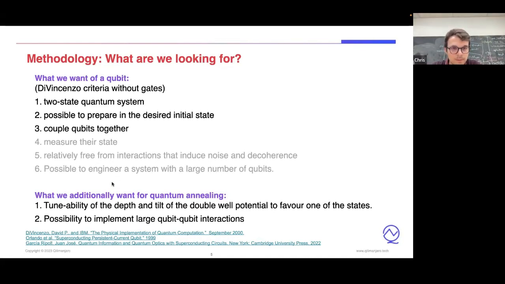What we additionally need for annealing is that, when you think of this two-state system as a double well potential, you want to be able to adjust the depth, so basically the tunneling probability of one state to the other, and you want to tilt it, so you want to be able to favor one of the final states.